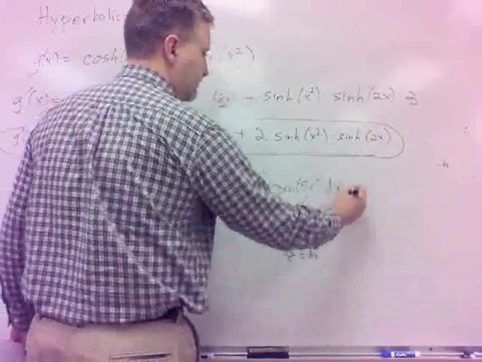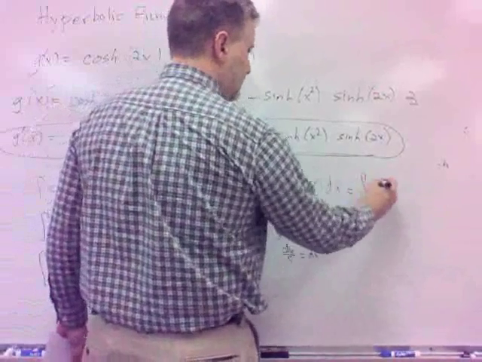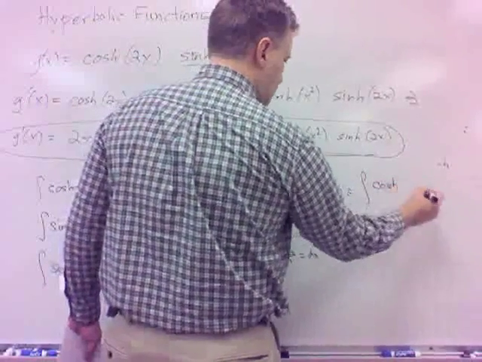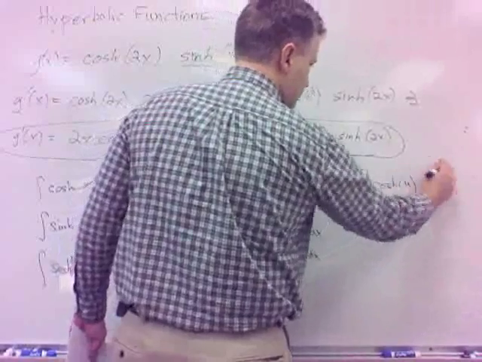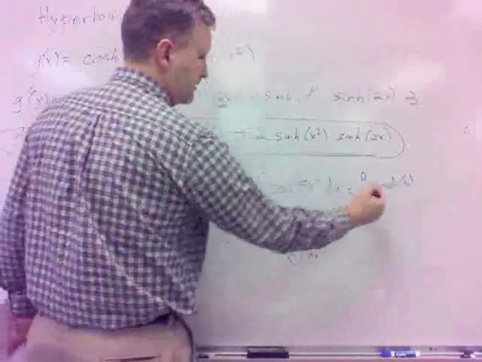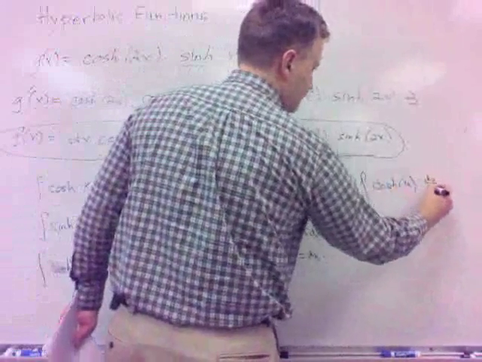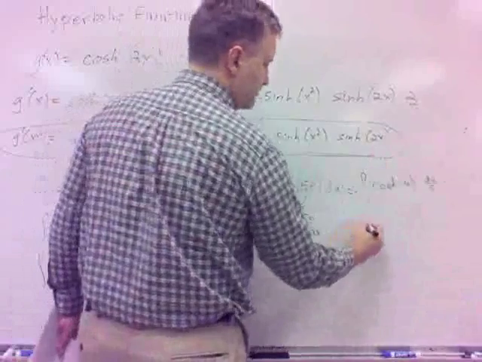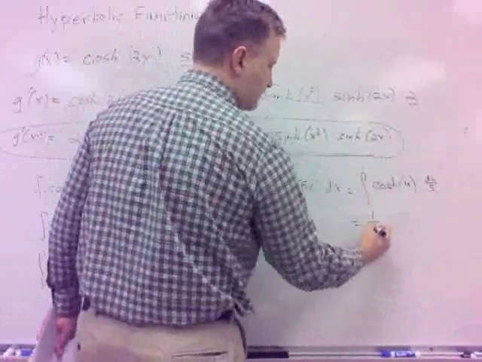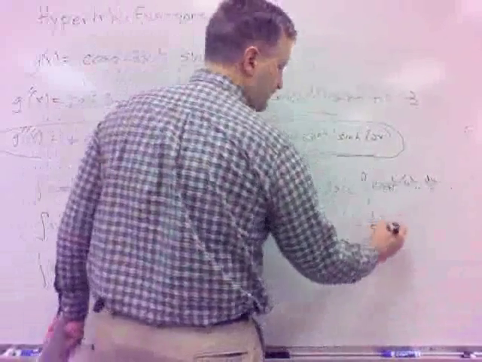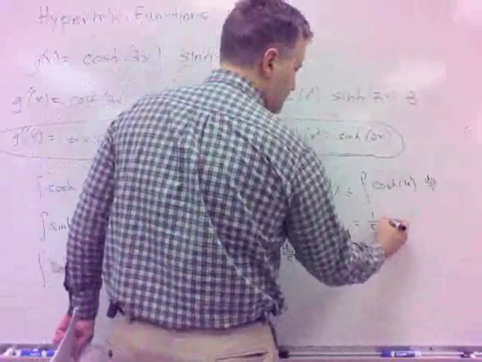So all that's going to change here is that it's going to be cosh of u and then du over 5. So then it's just sinh. The 1/5 would be our factor up front there. The cosh is the sinh.